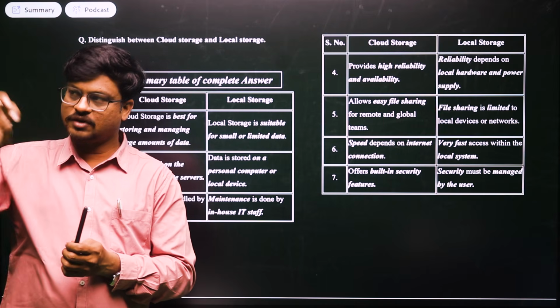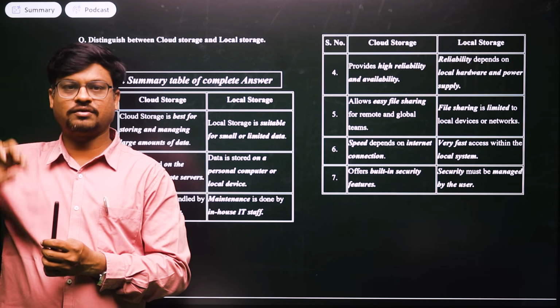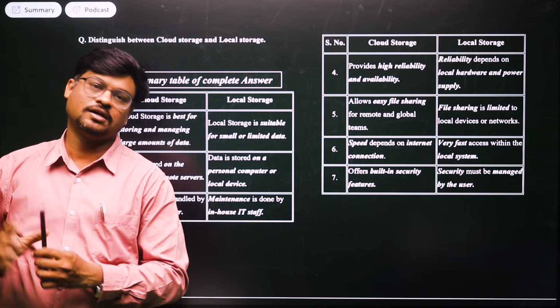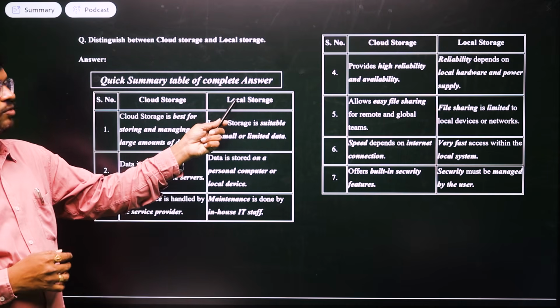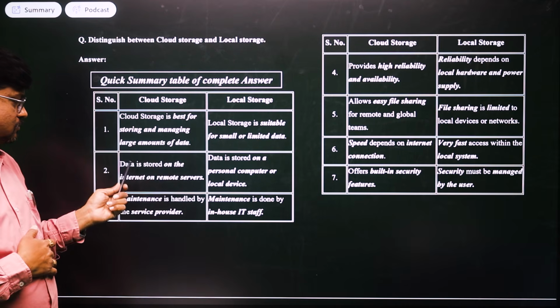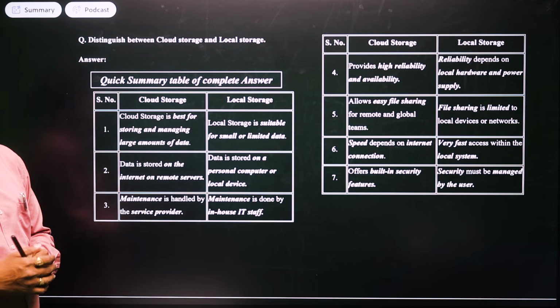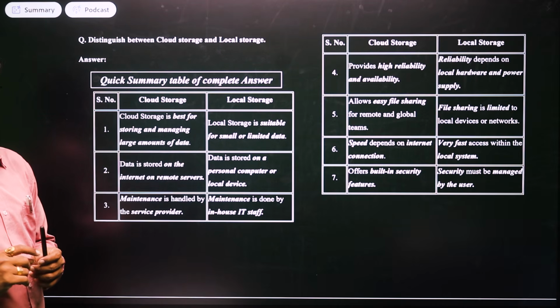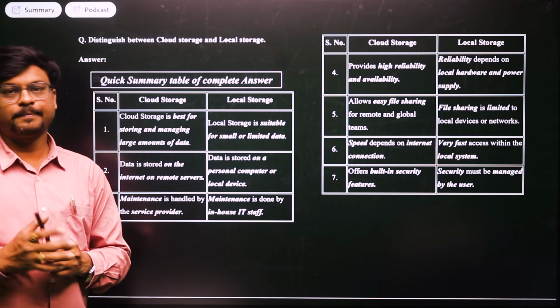A huge amount of data can be stored in Google, in Microsoft, in cloud storage resources, whereas local storage resources are limited or small in size. Data is stored on the internet or remote servers. As I said, in someone's server I am storing the data. And the advantage is you can access it anytime.